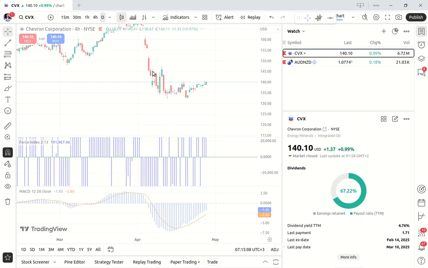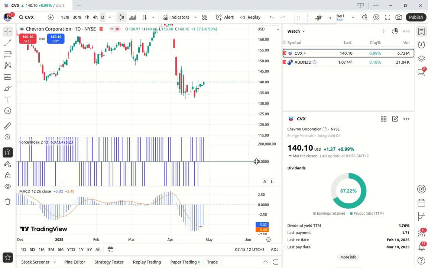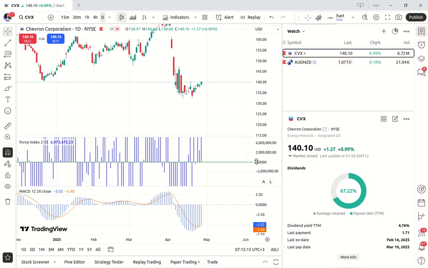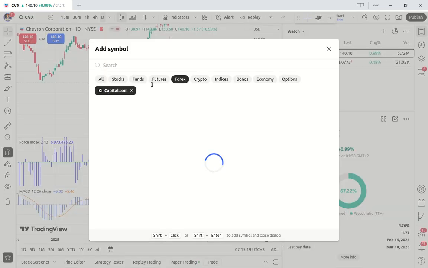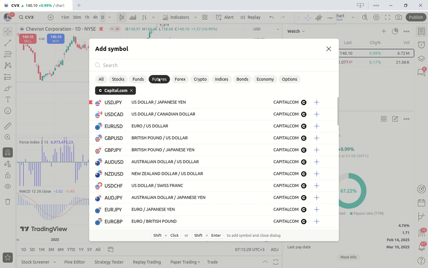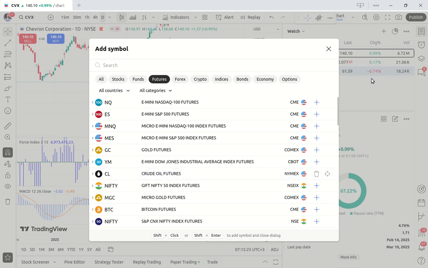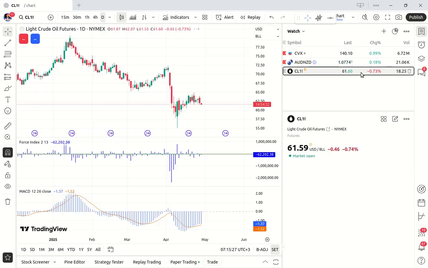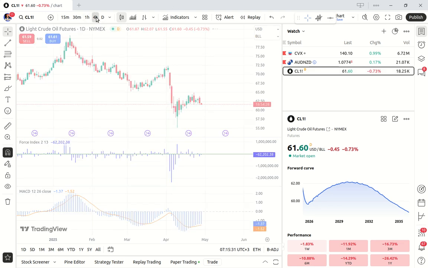So ideally, it should reflect on the oil chart as well, ideally. So let me see what we have.